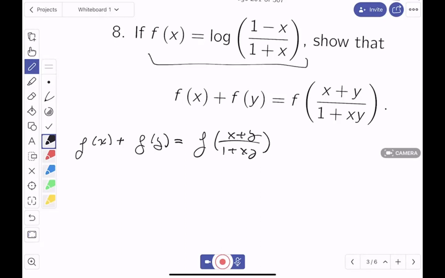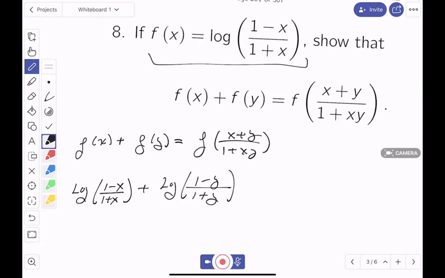It's going to be log of 1 minus x over 1 plus x. Plus, what's f of y? Well, that's pretty easy. It's log of 1 minus y over 1 plus y. All right, that's not so bad.